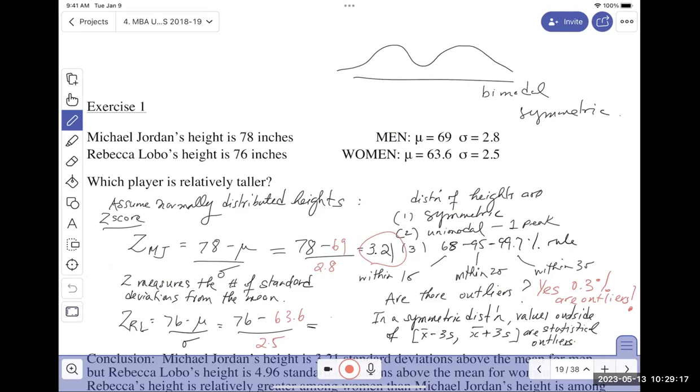Right, she's going to be 4.96. She's a real out there outlier. So she is the taller, relatively speaking, of the two, even though her overall height is smaller, but she's a taller woman basketball player, a taller woman in general.